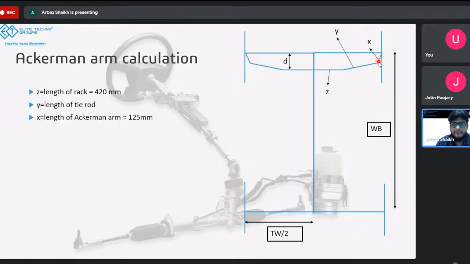If the Ackerman arm length increases, it would go behind the rack. It is preferred to keep it in front of the rack. In some cases it is also behind the rack, but it is preferred to keep it in front. With that, I have assumed it to be 125 mm, and we have also assumed this distance to be 200. So these are the few assumptions.